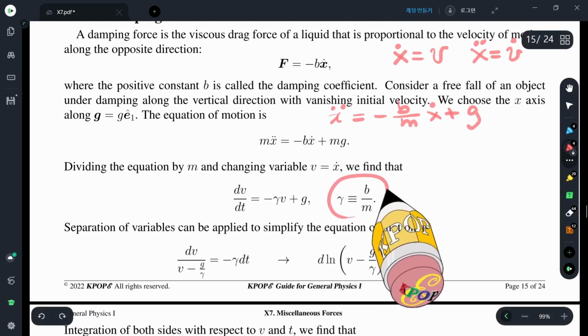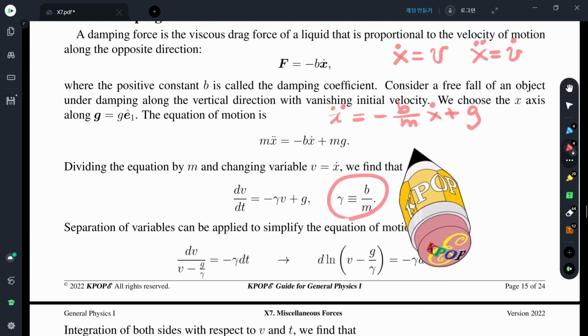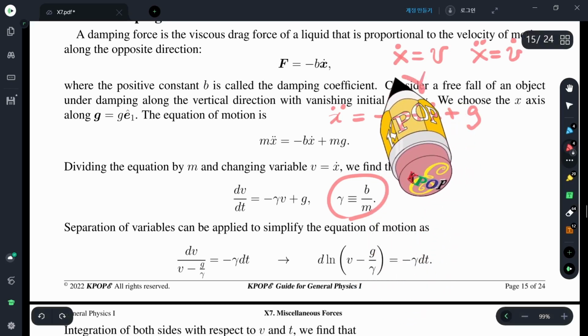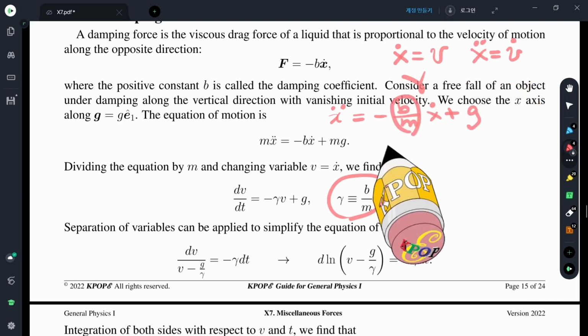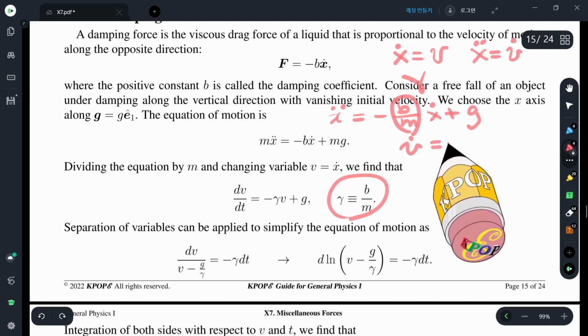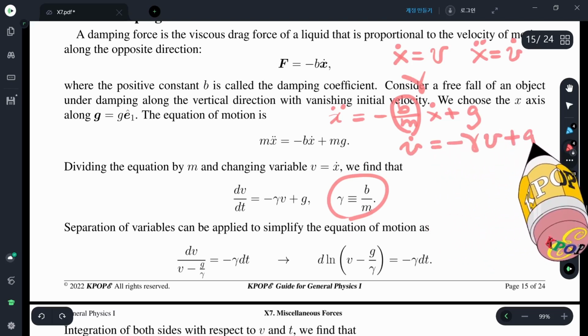And let us introduce a simple parameter: b over m is redefined as gamma. If we substitute these, v dot equals minus gamma v plus g.